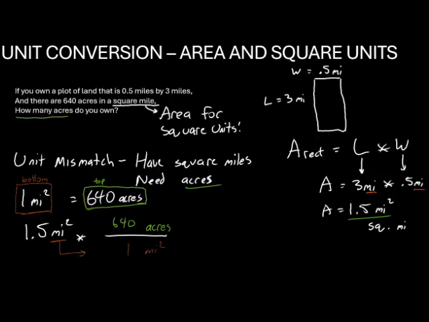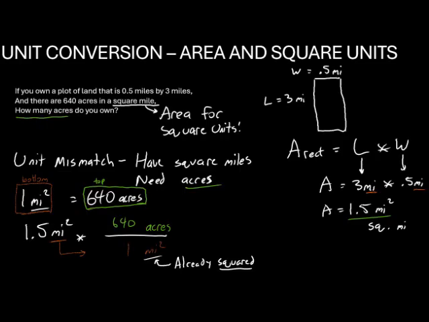The reason for that is because these miles are already squared on the bottom. If the problem gives you a unit that is already squared, there is no need to square it again. If the problem gives you a unit that is not already squared, we would need to square it. However, the conversion I gave you already had square, so don't square it again, just leave it as is.